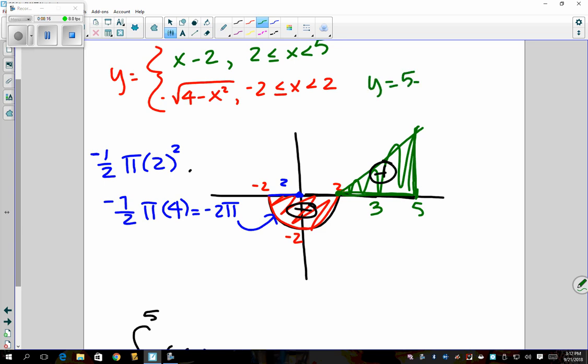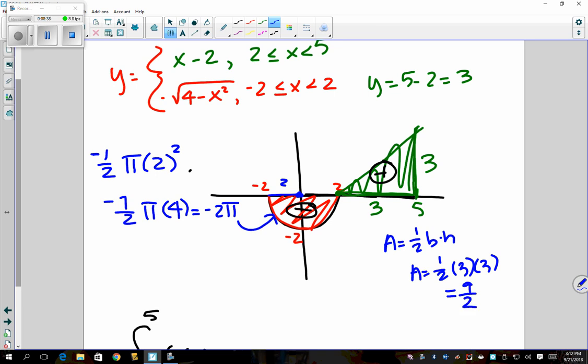So when I plug in 5, I get 5 minus 2, I get 3. So this height is going to be 3. So now when I take this area, I'm going to use my triangle area, 1/2 base times height, 1/2 times 3 times 3, and I'm just going to leave this as 9/2.